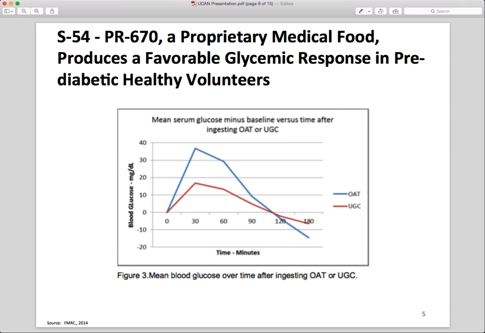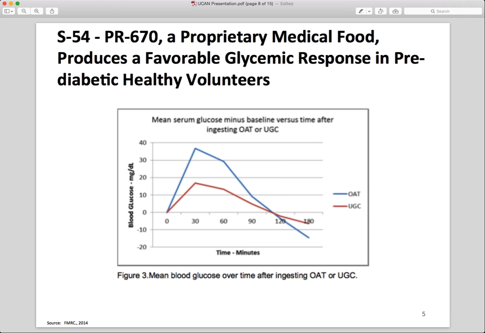But what's really interesting with UCAN is, we're now shifting from that sports and fitness focus to a pre-diabetes and health focus as well. So UCAN, the same SuperStarch, isn't just relevant for those of you getting out there and training hard and looking for a fuel for your exercise. It's really actually very effective as an everyday healthier form of carbohydrate.